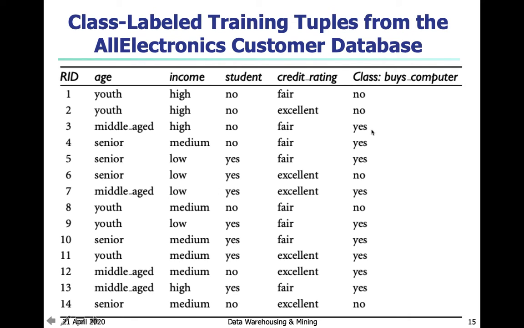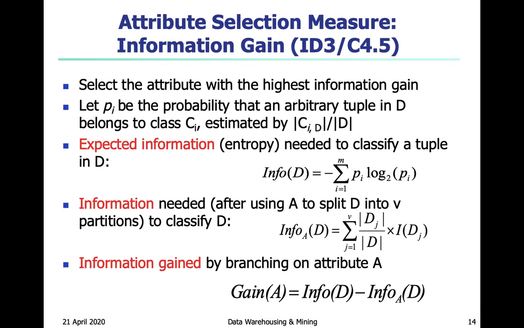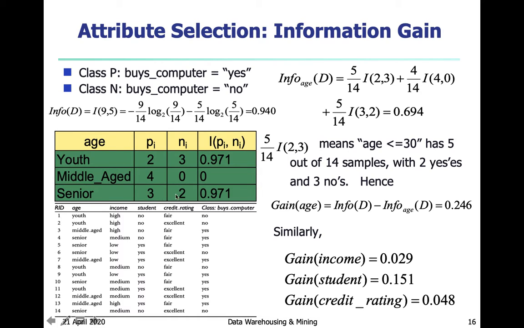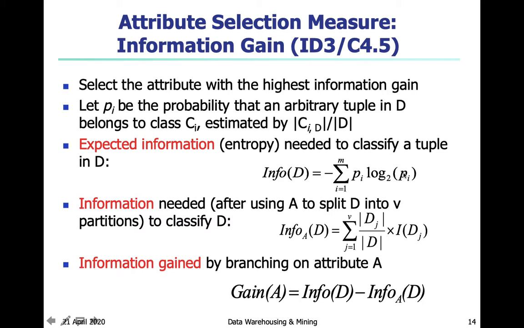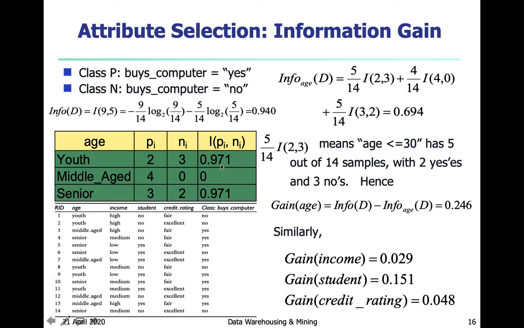Among them, all 4 are yes. Similarly, if you consider senior, there are 3 yes and 2 no. These are the values of the entropy, based on this formula. Clear?